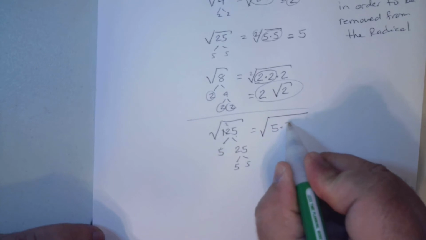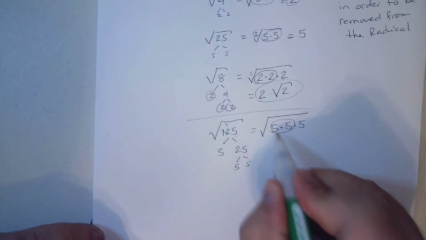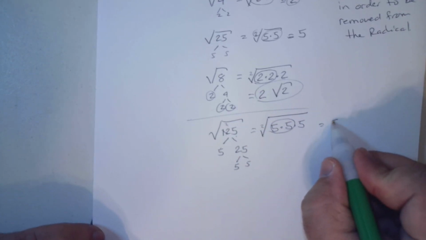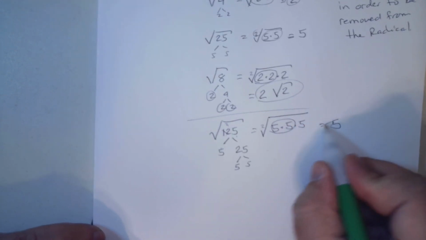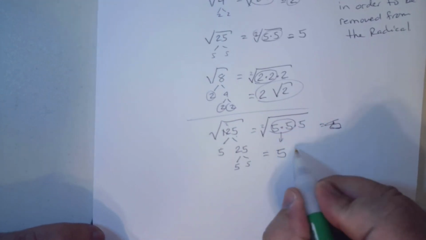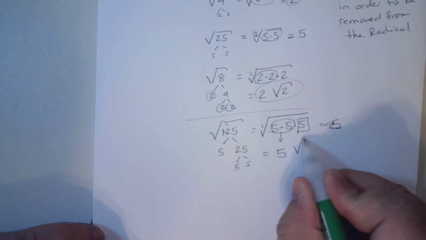So 5 times 5 times 5. We need 2 of a kind because there's a 2 there. So that 5 comes out. I'll put it down here. That 5 comes out. And whatever's left stays inside.